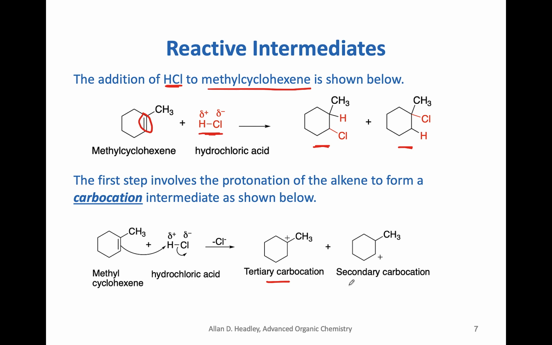Notice two types of carbocations are formed, a tertiary and a secondary. So if you were reflecting on the energy profile, this would be lower in energy, more stable, and this would be higher in energy, less stable for the intermediates. Notice these are intermediates. This is the formation in the first step of the reaction.